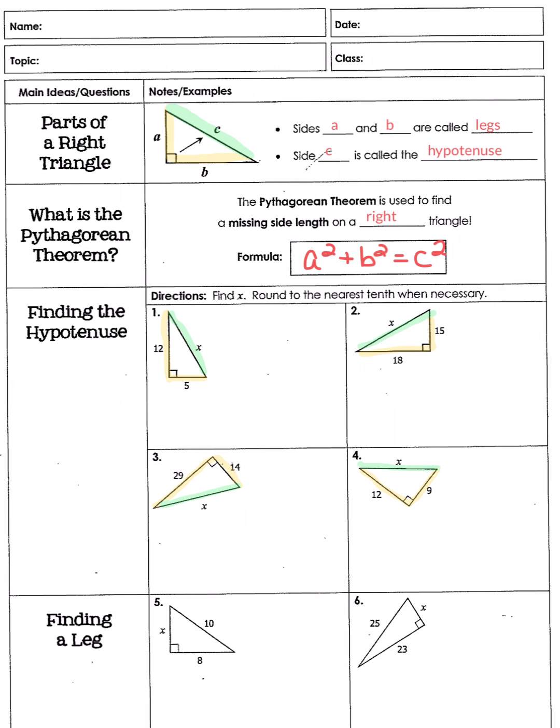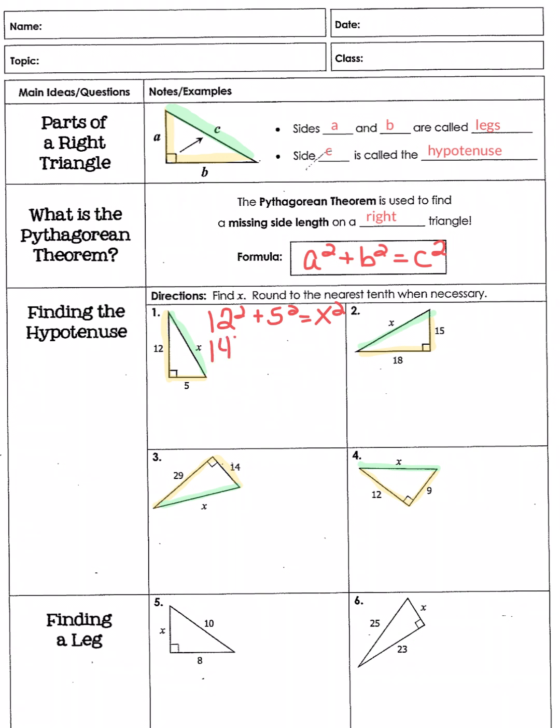So it doesn't matter which leg you call A and which leg you call B. I'm going to do 12 squared plus 5 squared equals x squared. And then I'm actually going to take my calculator if I need it and do 12 squared plus 5 squared.